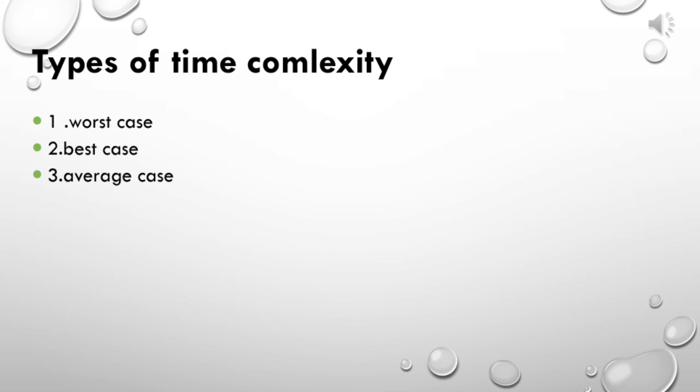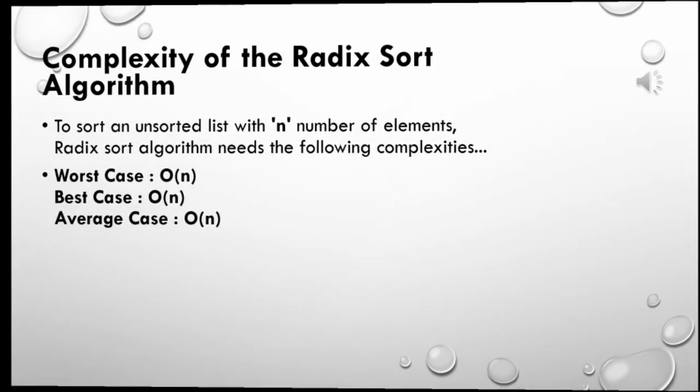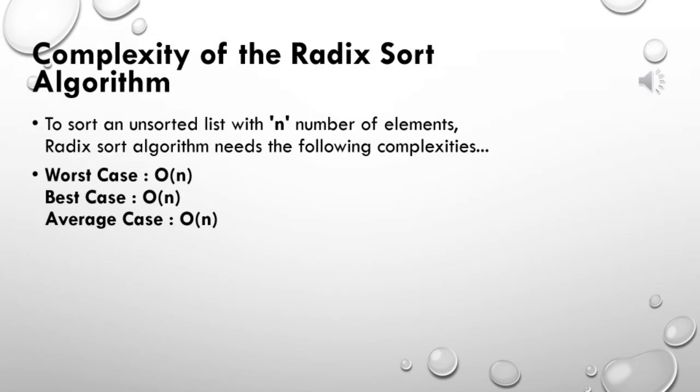There are three types of time complexities: worst case complexity, best case complexity, and average case complexity.